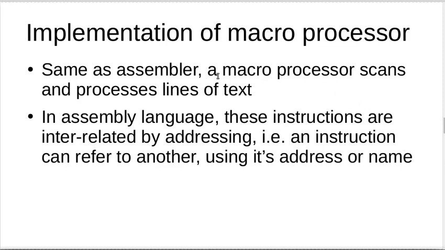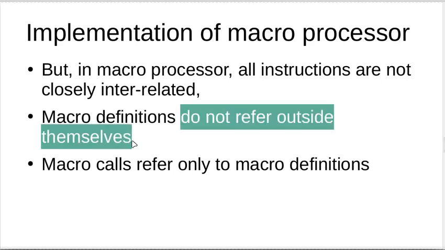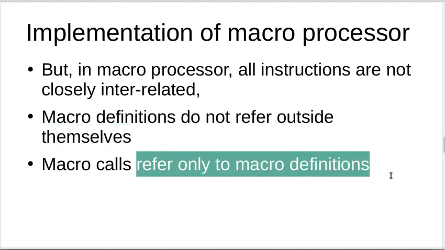Similar to that, we could have a scope of using addresses, but in a macro processor the instructions are not closely related. Why? Because the macro processor deals with macro definitions and macro calls. Macro definitions do not refer outside of themselves. A macro definition is only a fixed and isolated single block of code, and the macro calls refer only to the macro definitions.